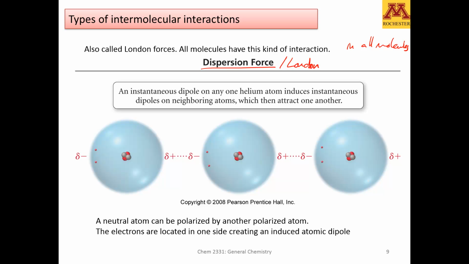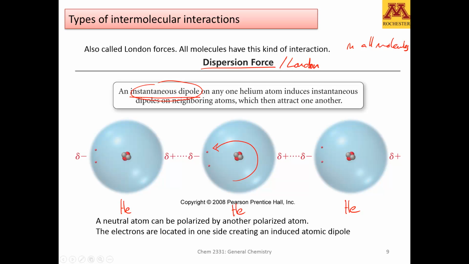So what is this London force, also known as dispersion force? Well, it's what we call an instantaneous dipole. All molecules, all atoms have an electron cloud. If this electron cloud at some point were to move towards one direction, it would create an instantaneous dipole, and this will create kind of a chain reaction. What you have here is 3 atoms of helium.